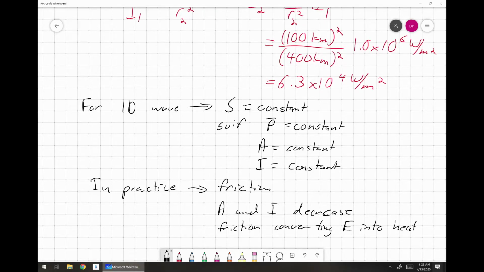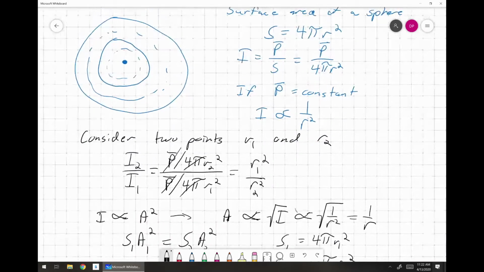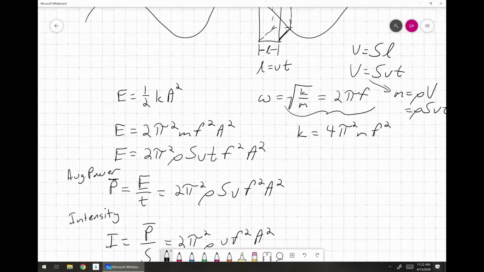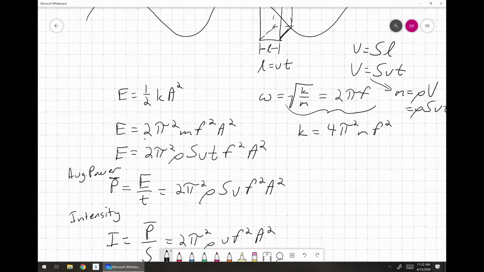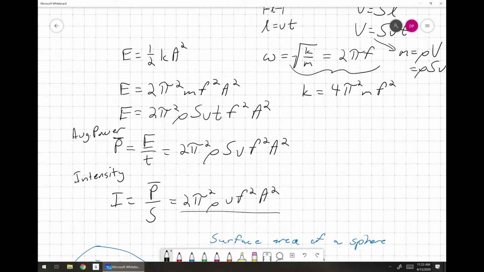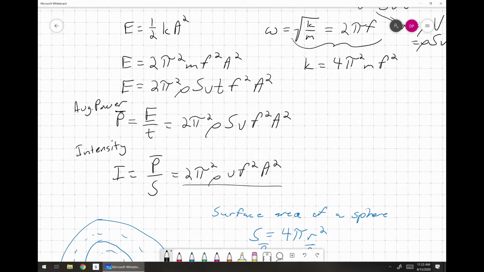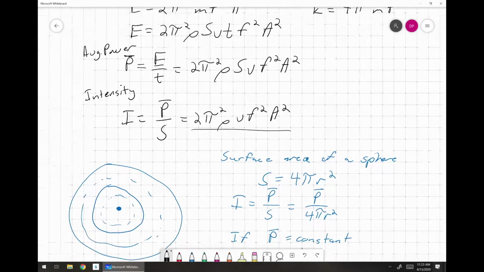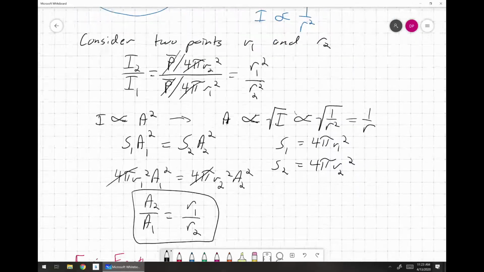So we do have that loss of energy, and again, if we go back and look at some of our earlier equations here, if energy is decreasing with time for any reason, then amplitude has to be decreasing with time. And if amplitude is decreasing with time, then the intensity has to be decreasing with time as well.